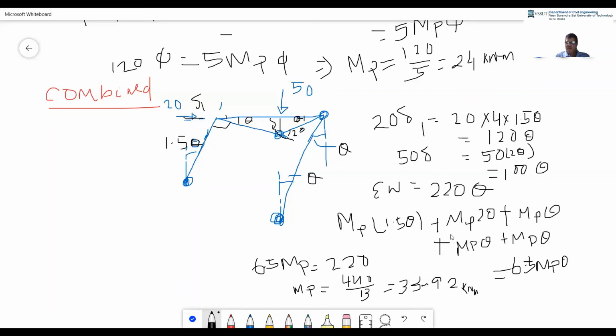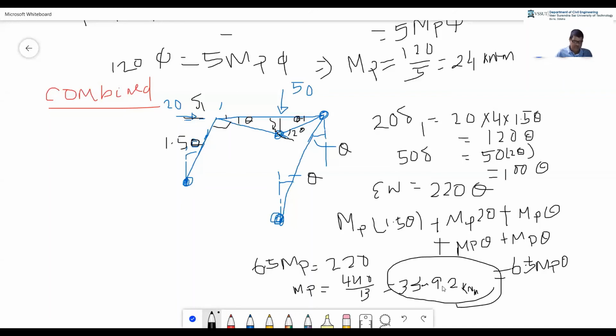Earlier values were 24 and 25, so this becomes the highest value. So this will be taken as the value of MP. So MP value will be considered as 33.92 kilonewton meter for this.